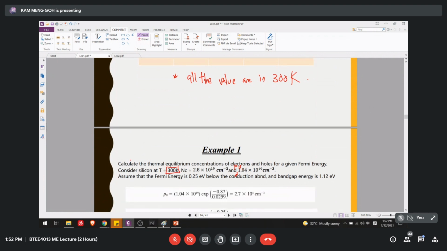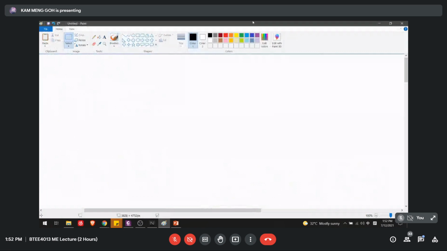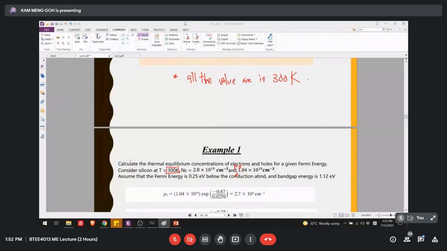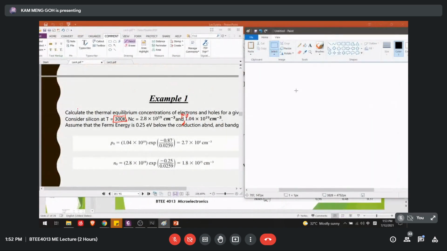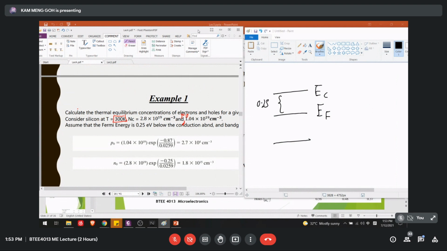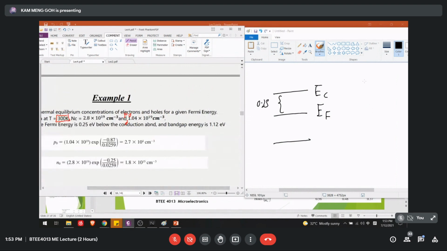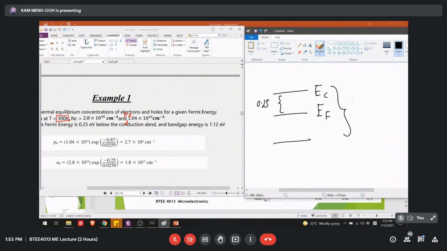Okay, interesting thing is, here it gives you a few pieces of information. EC, the Fermi energy level is 0.25 below. Then the band gap energy given is 1.12 eV total. So the thing in between here is 1.12 minus 0.25.